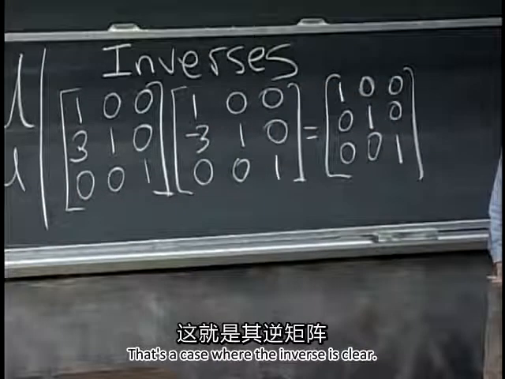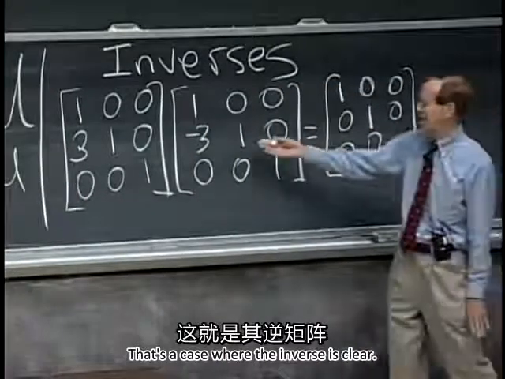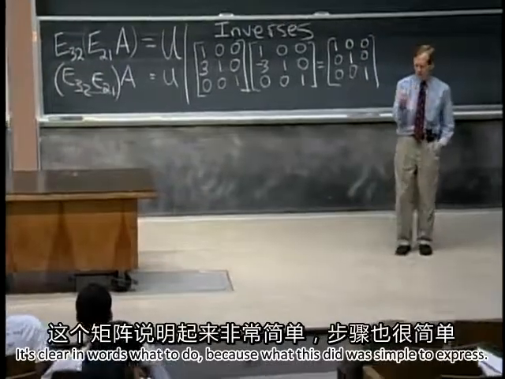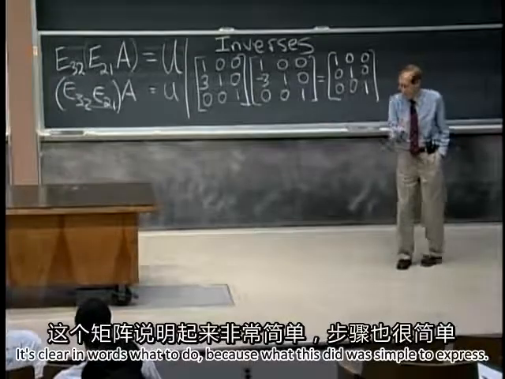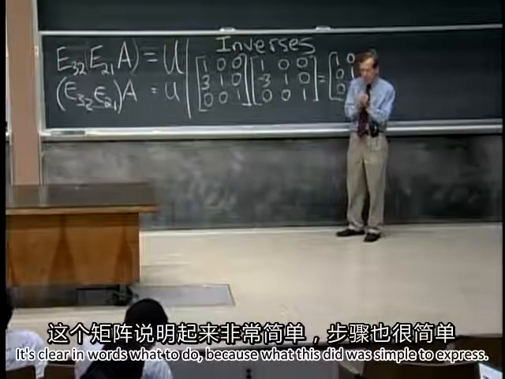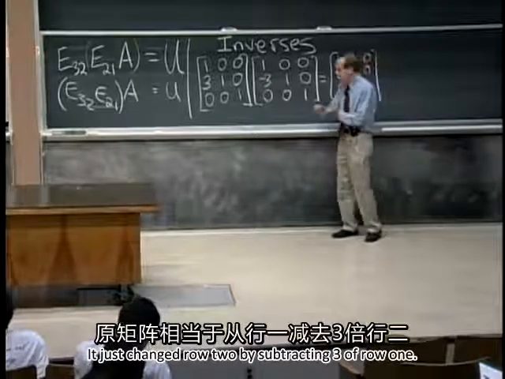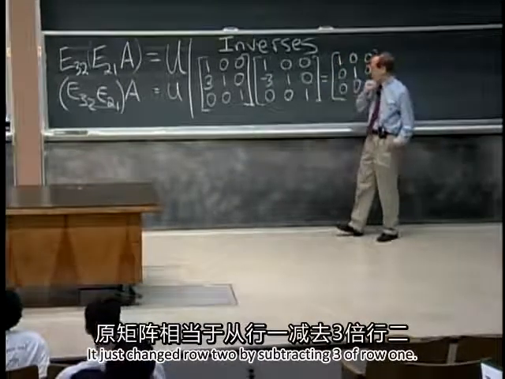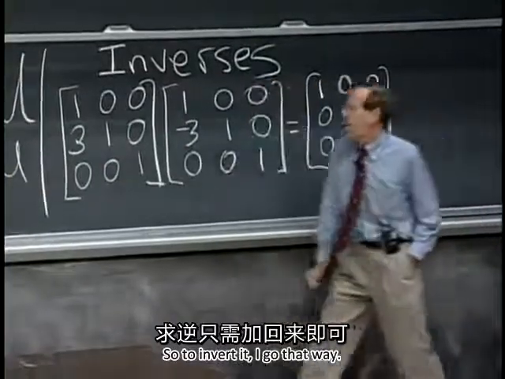That's a case where the inverse is clear. It's clear in words what to do. Because what this did was simple to express. It just changed row 2 by subtracting 3 of row 1. So to invert it, I go that way.